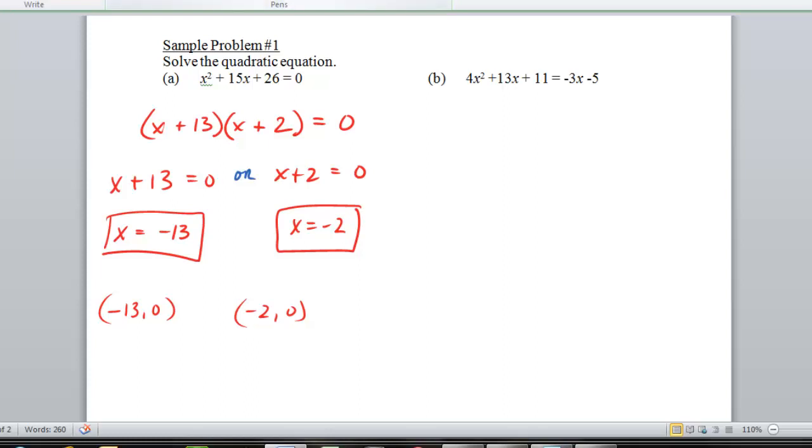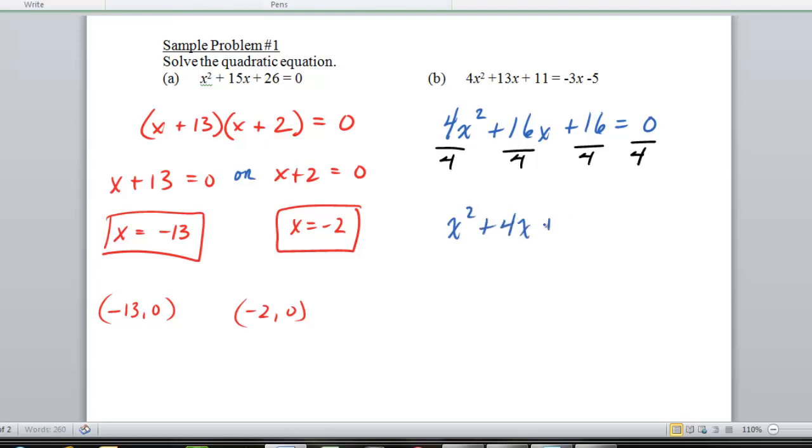Okay, if we look at the next one, we need to start off by getting everything on the same side of the equation. So I'm going to add 3x and add 5 to both sides. Then I'm going to simply divide out the common 4 here. If I divide out 4 from everything, what I'm left with is x squared plus 4x plus 4 equals 0.